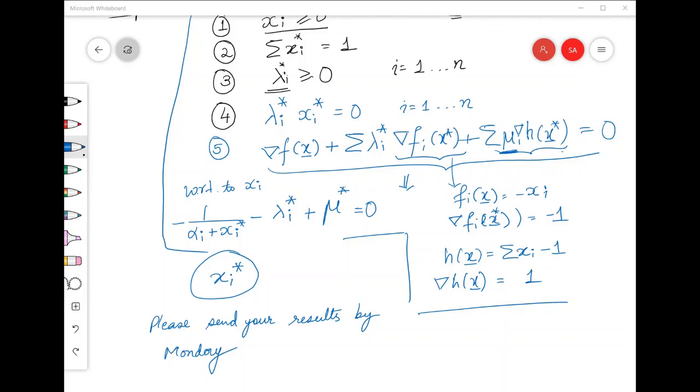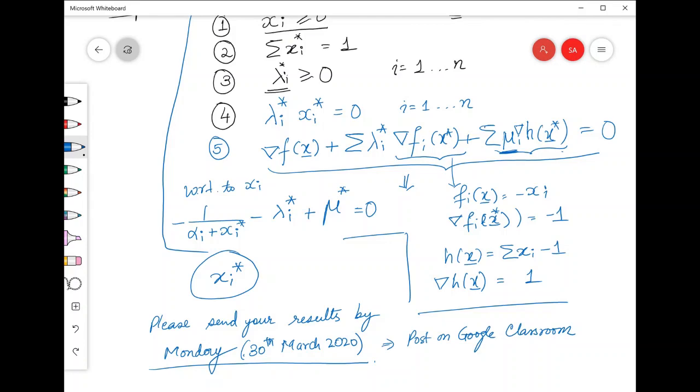Monday's date is going to be the 30th. Post your results on Google Classroom.